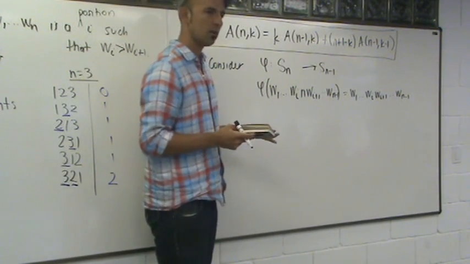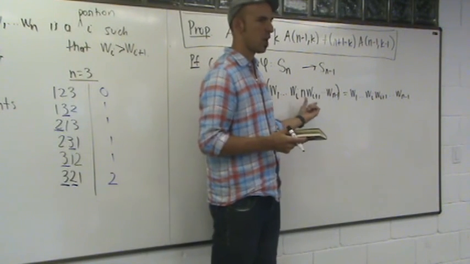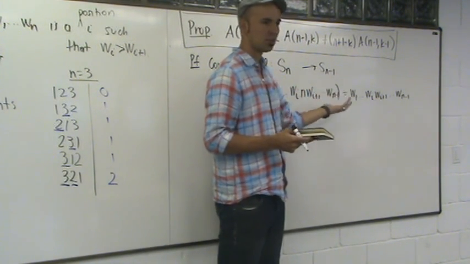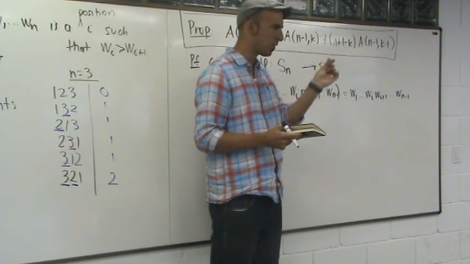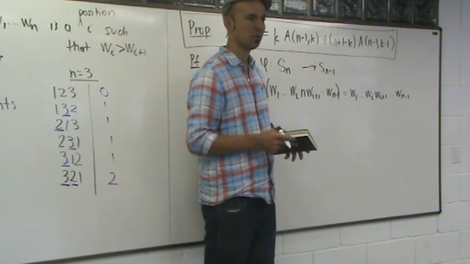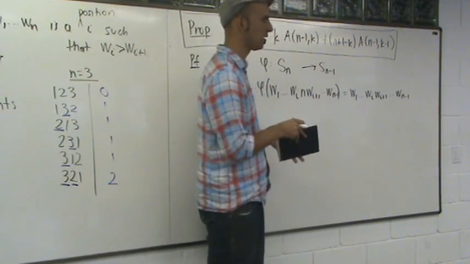And what's the idea? The idea is that if this permutation has k descents, then how many does this guy have? I didn't change it so much, and descents are very local, so probably the number of descents is pretty similar. Actually, what is it? How does the number of descents change here?